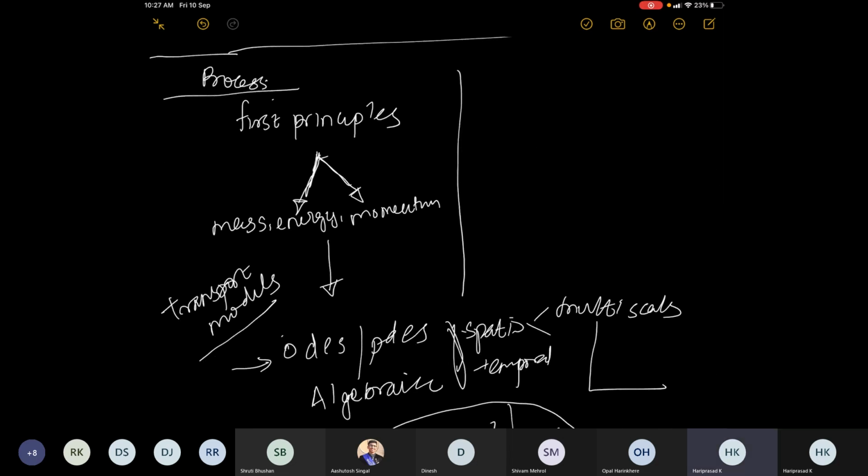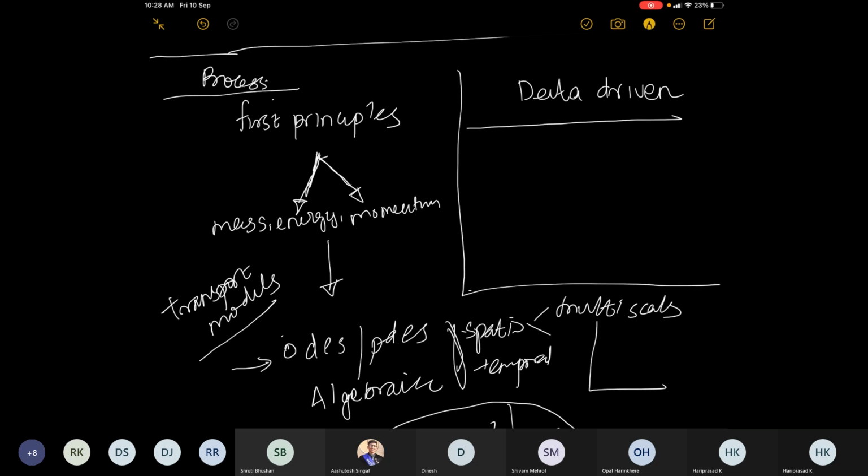You could also have a second branch, which is fully data driven. Which essentially means what? Put a box here and we continue there. We don't worry about what is happening. You are not worried about the physics.